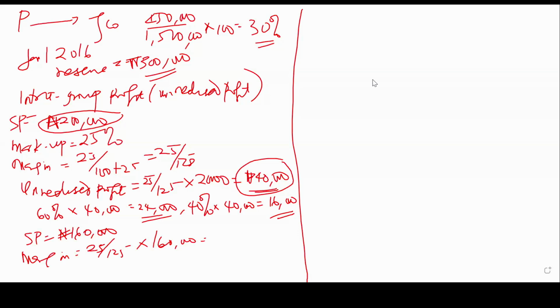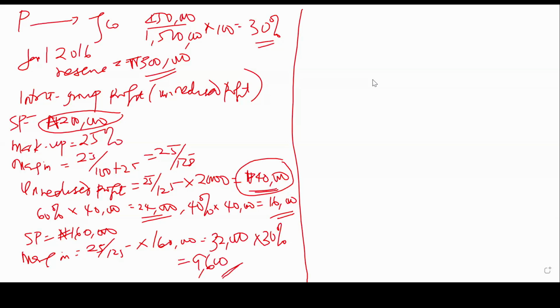That should be 160 divided by 5, which is 32,000. Now, don't forget what we said. Of this 32,000, we can only eliminate to the percentage of the holding of the investor. Percentage of holding is 30%. Do 30% of this. 32 times 3 is 96, so 30% should be 9,600 naira.